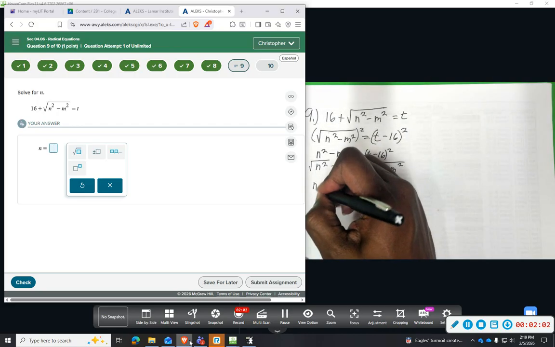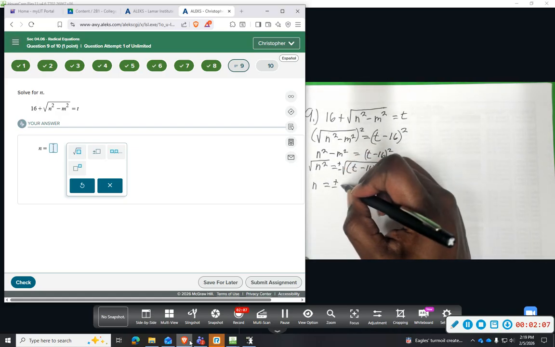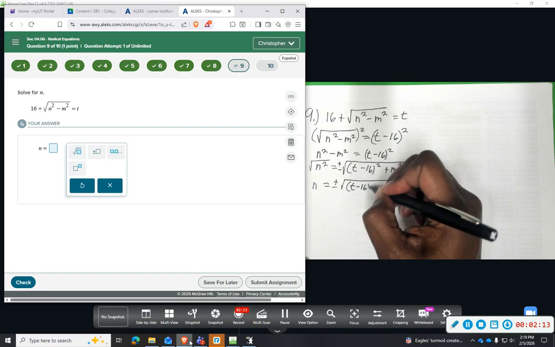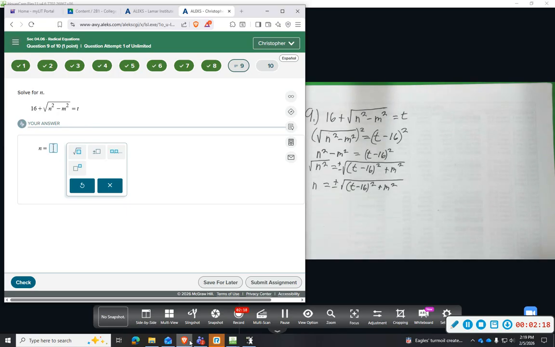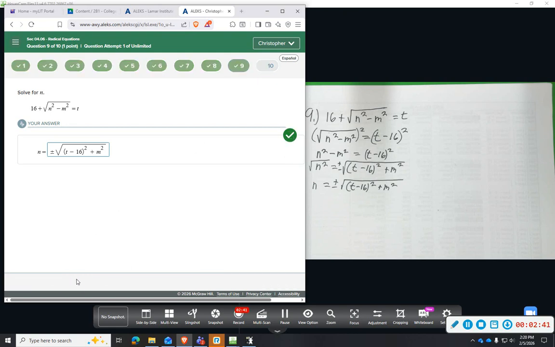So this will give us n equals positive or negative square root of t minus 16 squared plus m squared. That's good.